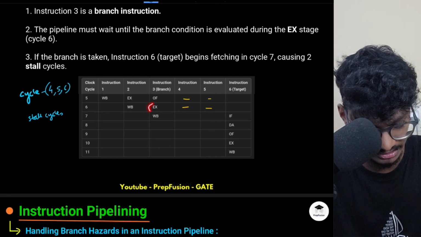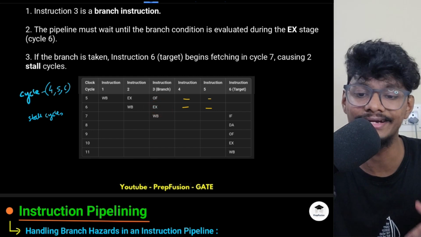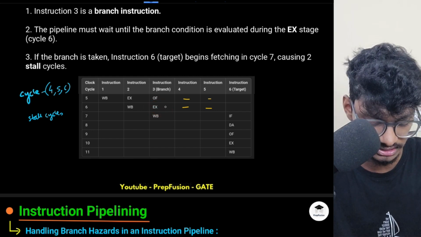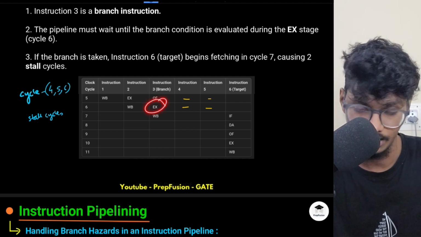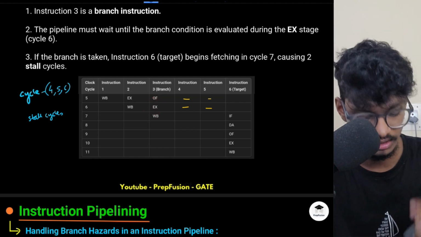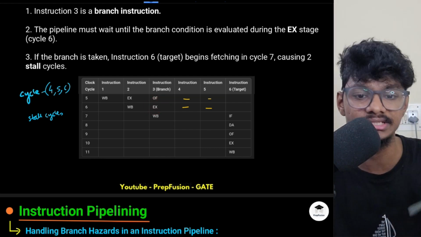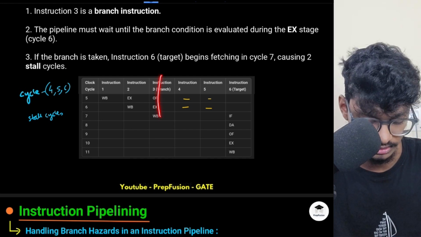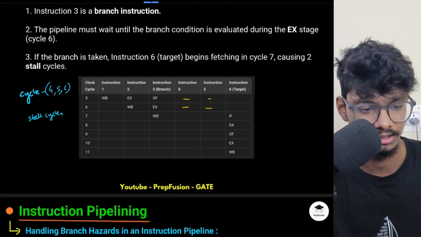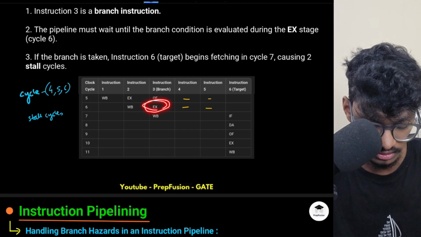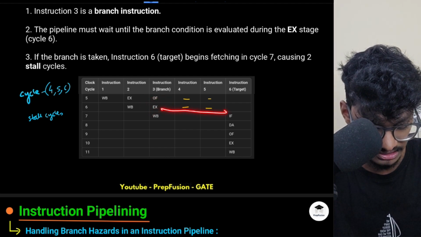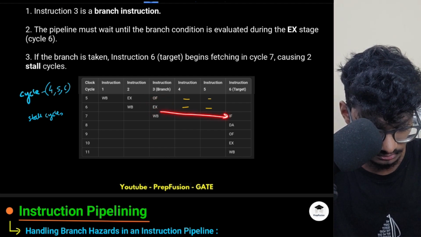As soon as I get my execution, internally inside the computer, I do the execution and get to know my branch condition. My assumption is the branch condition is true. As soon as I get the result, I will directly fetch the instruction I6 after this cycle.